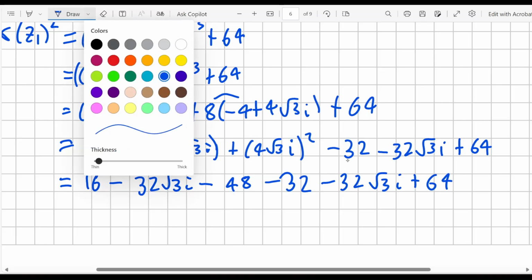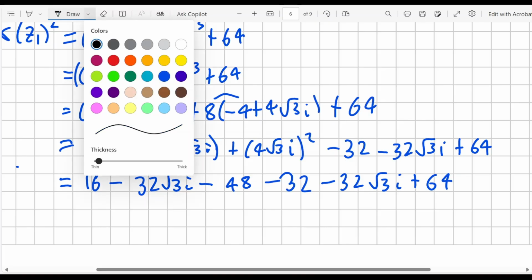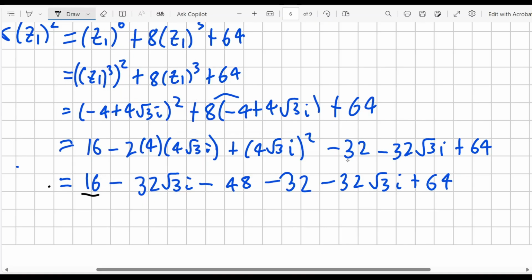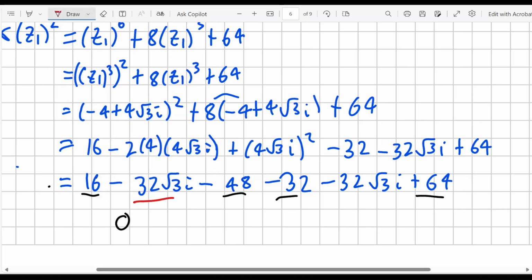Now let's collect up all of our real bits and then all of our imaginary bits and see what happens. So if we color code this, we've got 16, take 48, take 32 plus 64. What does that equal? 0. If we collect up all of our imaginary bits, minus 32 root 3, and that should have been a plus when I did the algebra there, because it's 8 plus.